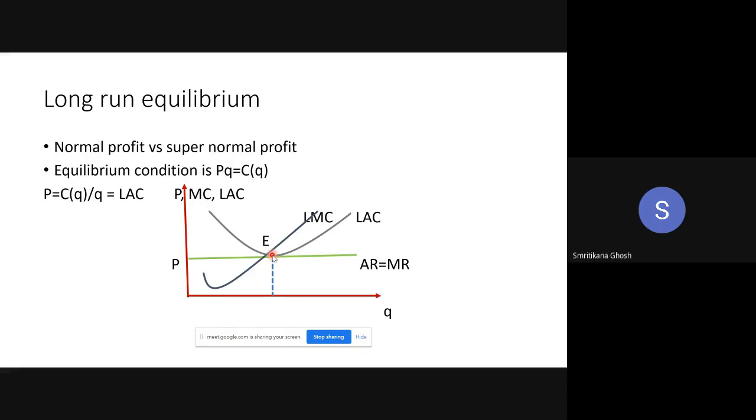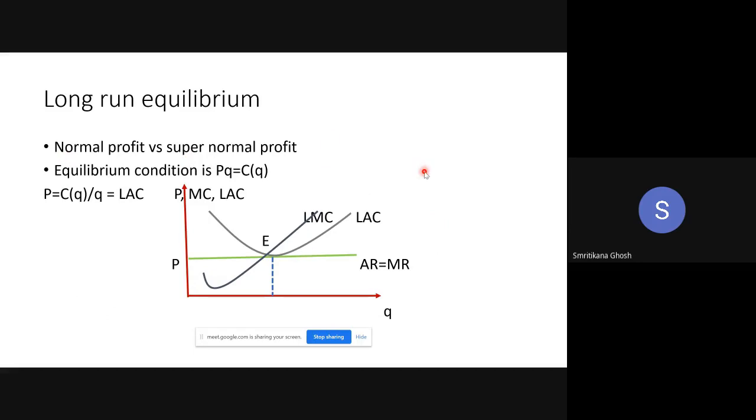So AR is equal to MR is equal to MC is equal to AC. That equal to AC is the additional part from the long run. So your AC is equal to AR, so your supernormal profit is 0 at equilibrium. Okay. So this is the long run equilibrium diagram and the long run equilibrium condition.